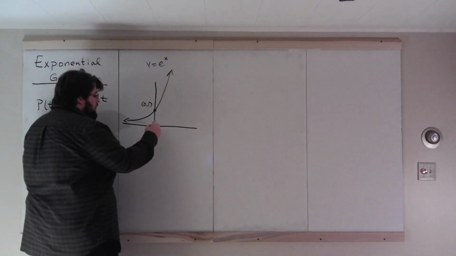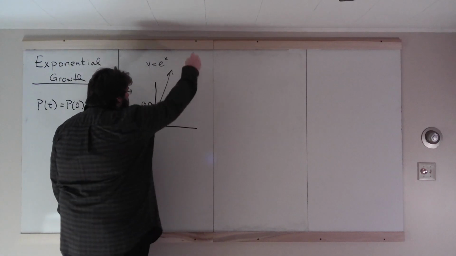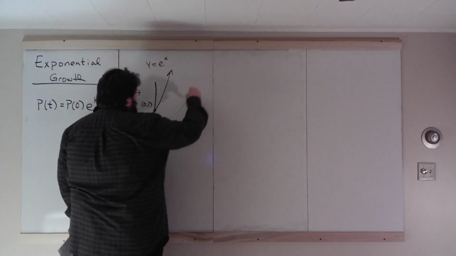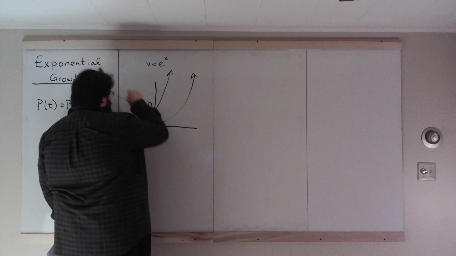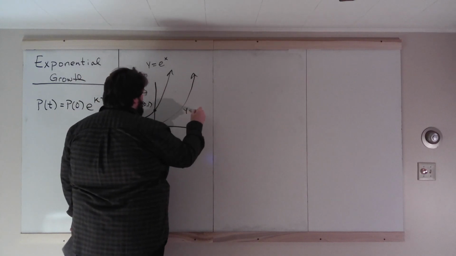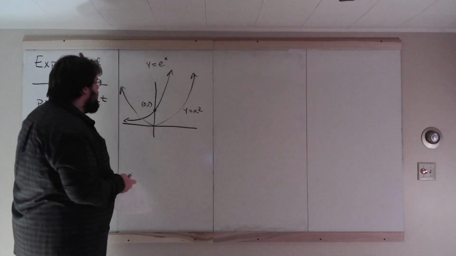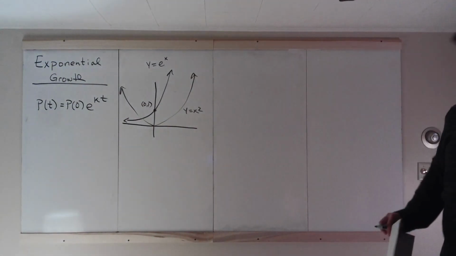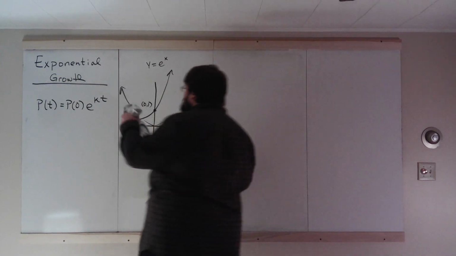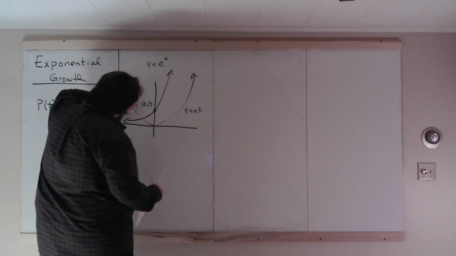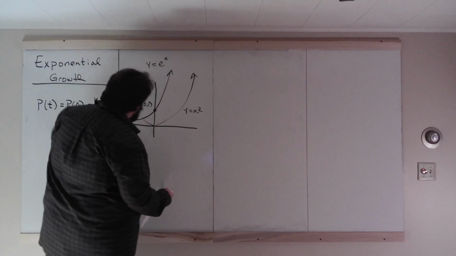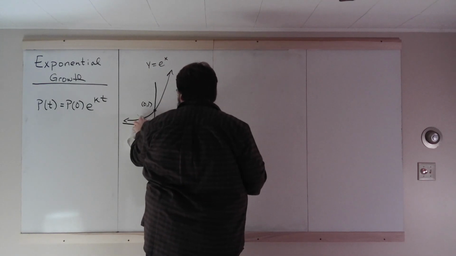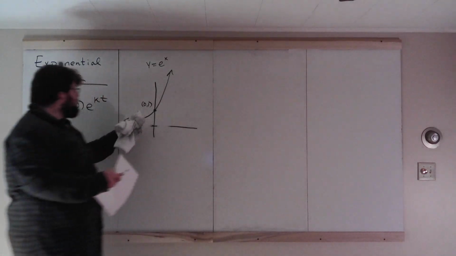If you take a function like the parabola x squared, that will not go up as quickly. So if you take y equals x squared, sure, it goes up, but it doesn't go up very quickly. One other thing you'll notice about the exponential function is for negative x values, e to the x keeps going down to 0.